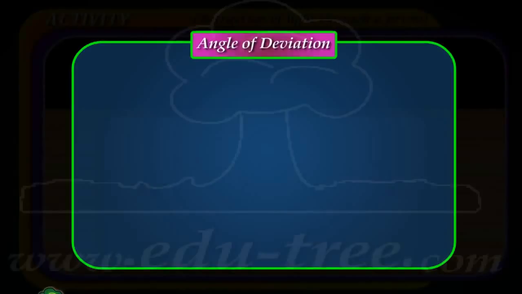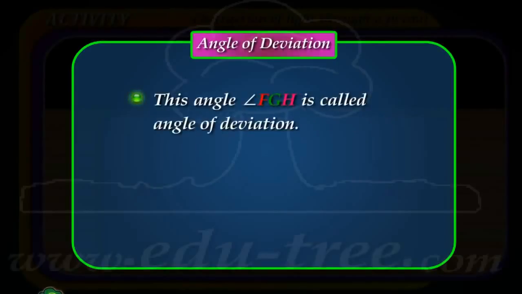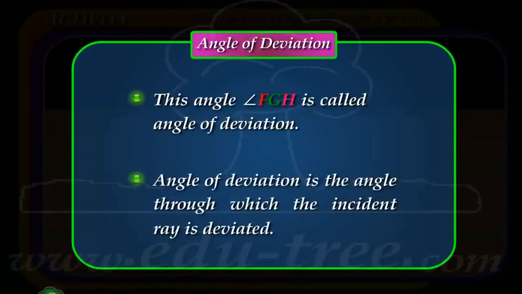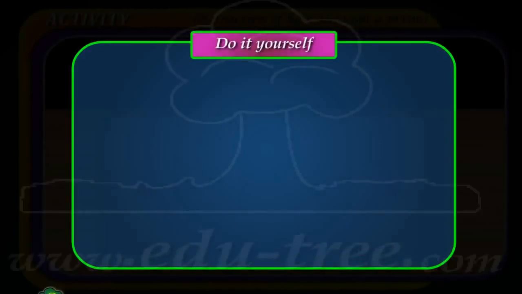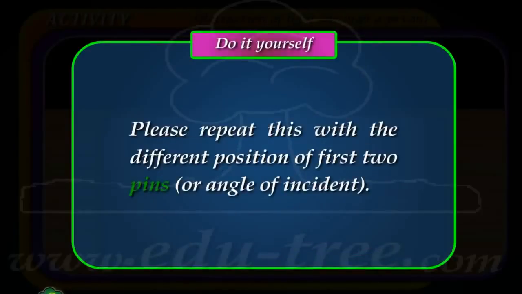This angle FGH is called the angle of deviation. Angle of deviation is the angle through which the incident ray is deviated. Do it yourself. Please repeat this with different positions of the first two pins or angle of incidence.